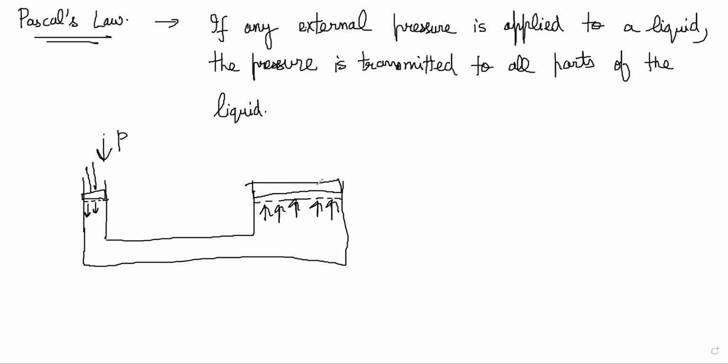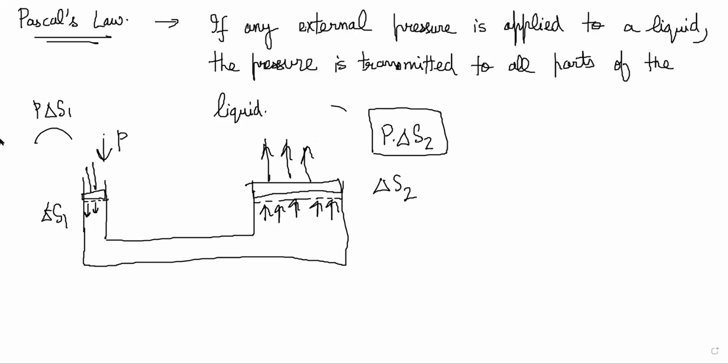In this section the force is P into del S1, because pressure into this area del S1, and here it is del S2. So the force that you get here will be P into del S2.